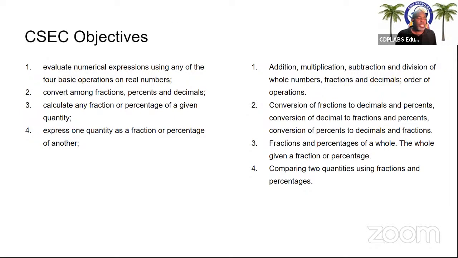All right. Now, you're supposed to be able to convert among fractions, percentages, and decimals. In other words, conversion of fractions to decimals and percentages, conversion of decimals to fractions and percentages, conversion of percents to decimals and fractions. So you should be able to do this as well. Calculate any fraction or percentage of a given quantity.